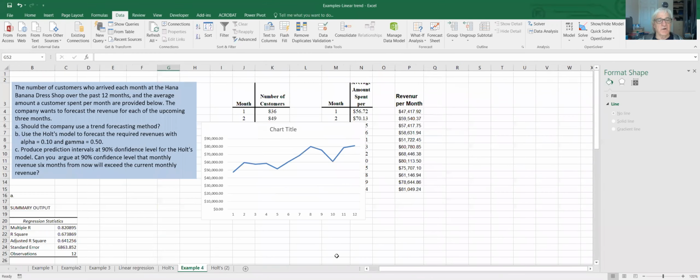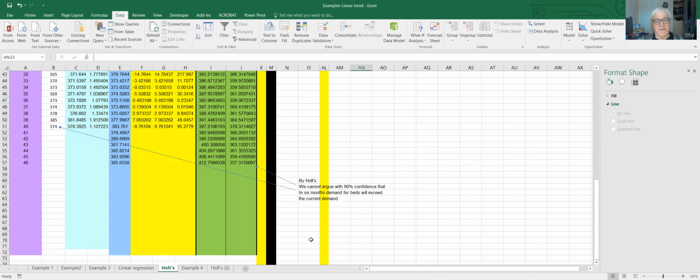Well, when you look at the Holt's method, you cannot argue this anymore because in 6 months, the lower bound is 357 and the upper bound is 412. One is below 374, one is above. Therefore, you cannot argue that the number of beds in 6 months will exceed the current demand. Which leaves the hospital not that happy.